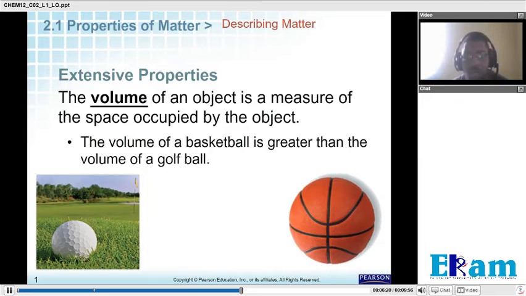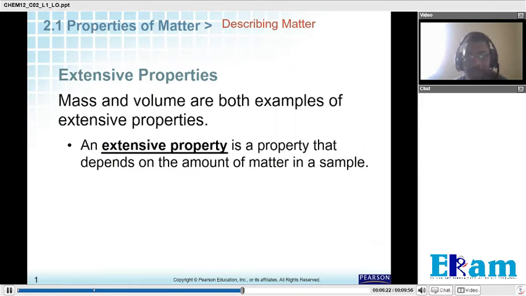All right, so we go further. When we talk about extensive properties, an extensive property depends on the amount of matter in an object. You can use the word sample. The sample is simply a representation of an object. And of course, these are the two main properties of matter: extensive and intensive.